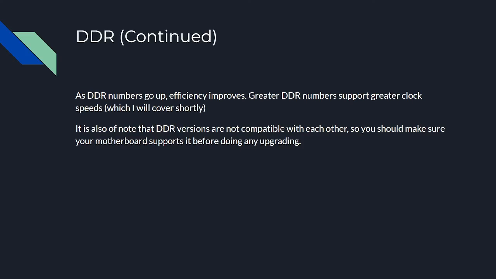So, as DDR numbers go up, efficiency improves. Greater DDR numbers support greater clock speeds, which is something I'll cover shortly. It is also of note that DDR versions are not compatible with each other, so you should make sure your motherboard supports it before doing any upgrading. So you can't put a DDR into a DDR2 slot, nor can you put a DDR2 into a DDR slot.